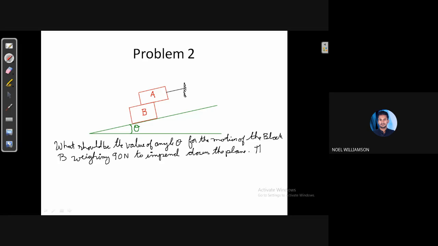Now the coefficient of friction for all surfaces of contact is 1/3. Block A weighs 30 Newton.